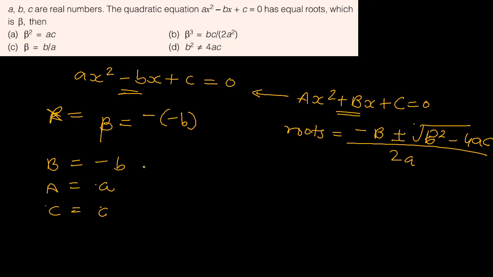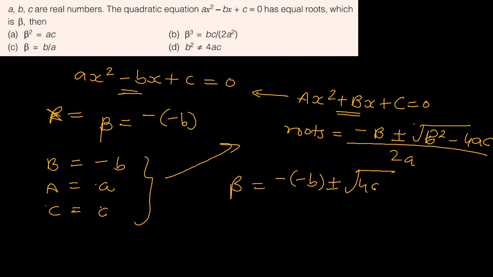As you can see, if I put this value in this equation, then the root beta is equal to minus of minus b plus or minus under root minus b whole square minus 4ac upon 2a.